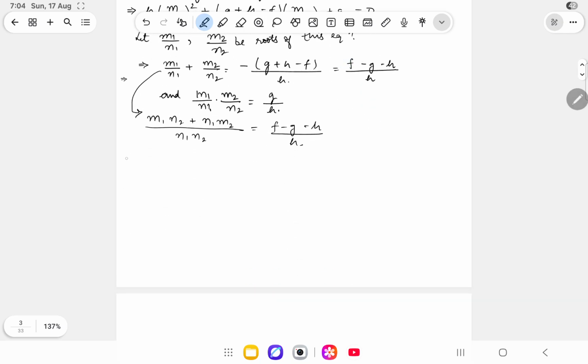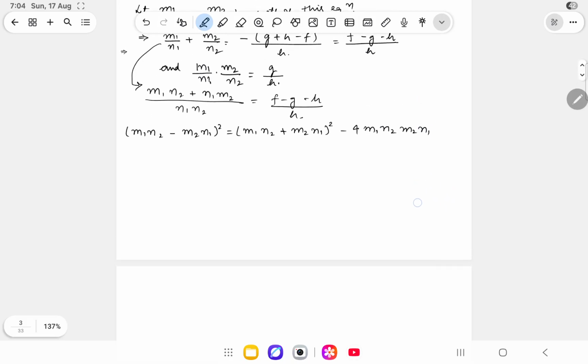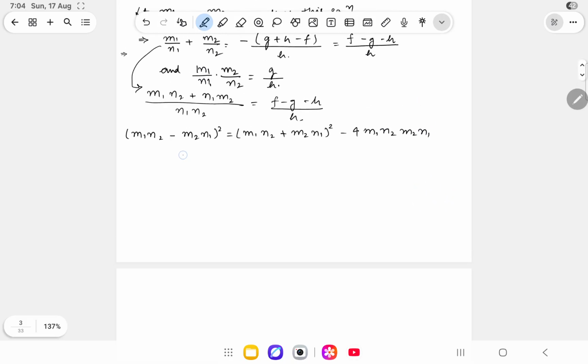So we know that m1 n2 minus m2 n1 square equals m1 n2 plus m2 n1 square minus 4 m1 n2 m2 n1, where we can just substitute the values of this and this here.